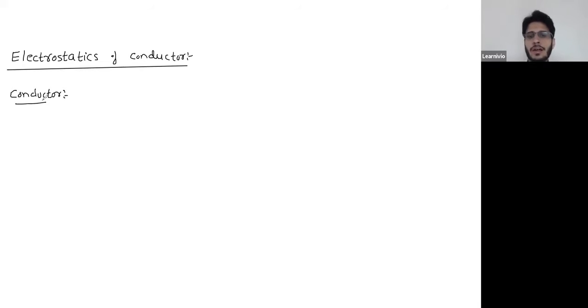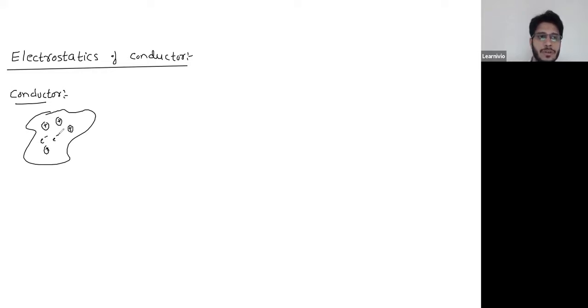So what are conductors? Conductors are materials which can conduct electricity. Conductors have free electrons. All properties of conductors are due to free electrons. If you have conductor, they have positively charged ions and free electrons. All properties of conductors are due to free electrons only.